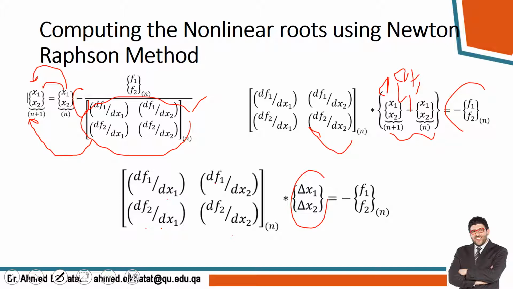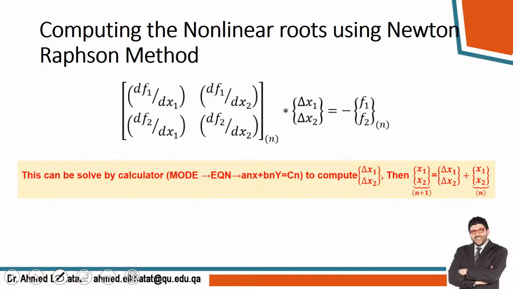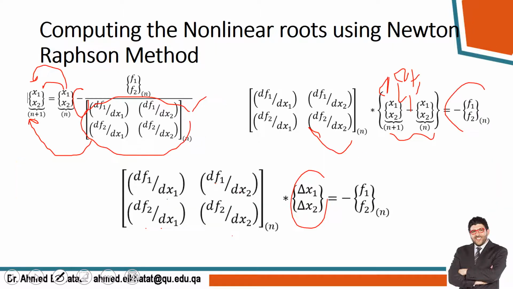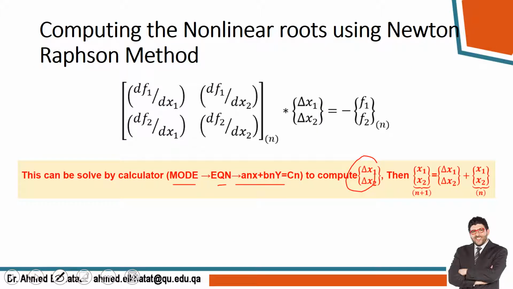Since we know the previous x, we can calculate the new x: x1, x2 at n plus 1 equals the value you got from the calculator plus the old value of x1, x2.